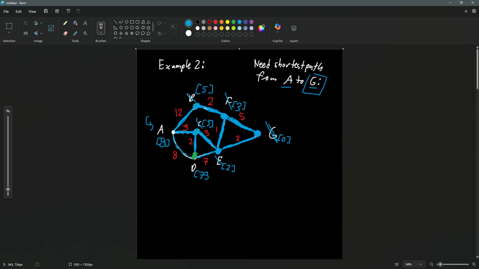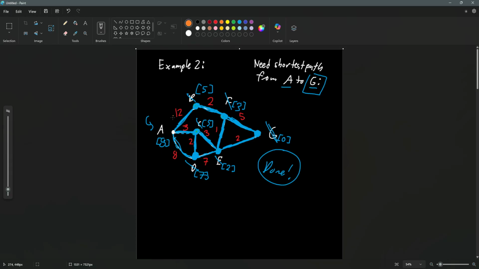Why are we not updating? Again, it's because if we start at A and go to D first, we're going to get a slower path. So we're going to disregard this edge. All right, and then D is going to be marked because we touched all the edges. We're going to cross it out and call it visited. Look here, we've looked at every single edge, so we are done.